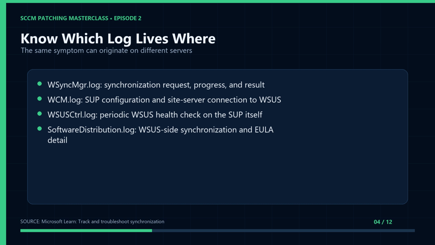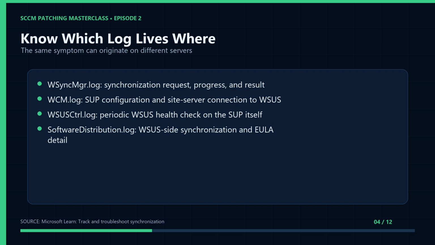HTTP 500 and 503 point toward a web service or availability problem. Confirm that the Update Services Service, World Wide Web Publishing Service, and the WSUS administration website are running. Correlate WCM and WSUS control timestamps with IIS logs and HTTP error logs.